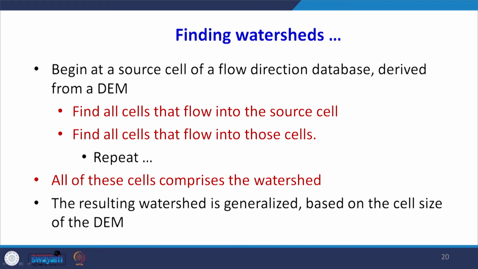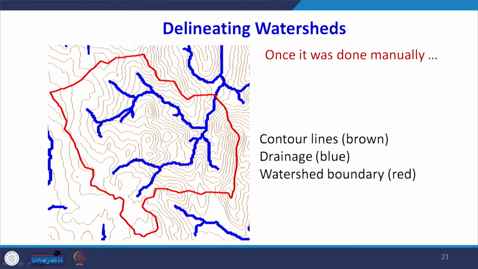But nowadays, with the help of the flow direction database and the DEM, you can use the capability of the software, and you can flag the pixels which are situated at the higher elevations in the area. If you flag those pixels and they are joined together, that indicates the watershed boundary. So determination of the watershed boundary is quite straightforward nowadays, particularly when the watersheds are very large.